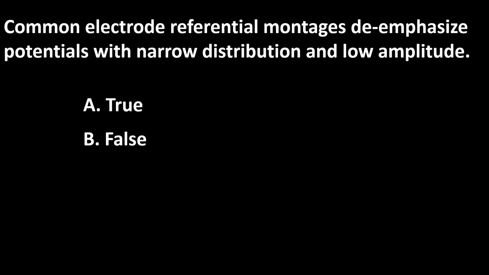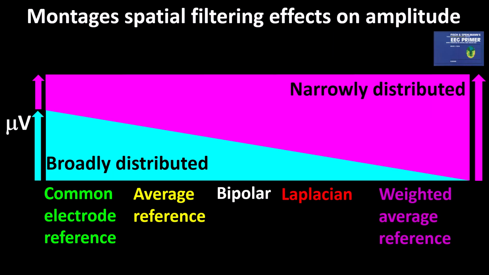A true, B false. The figure in this frame depicts the impact of different montages upon the amplitude of a wave based on the extent of the area involved by the wave. I have in this frame divided waves, depending on the area they involve, into two groups. The first group consists of those that are broadly distributed.